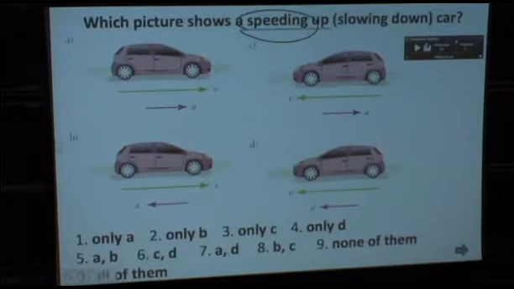Speeding up, which, if you look at the speedometer, the numbers go up. Only A, press 1, only B, press 2, only C, press 3, only D, press 4. And there are combinations. If it's A and B, 5, C and D, 6, A and D, 7, B and C, 8. Well, 9 or 0 would mean something else. Okay?